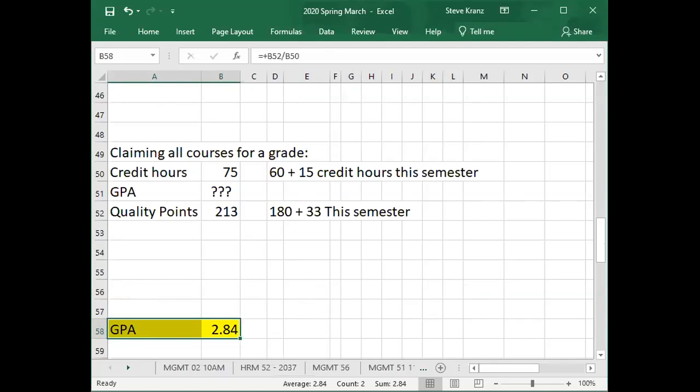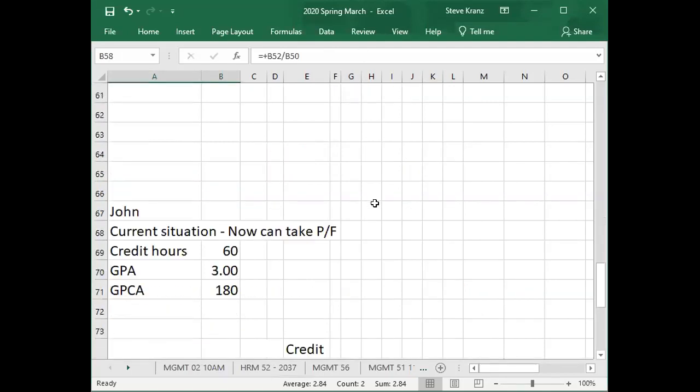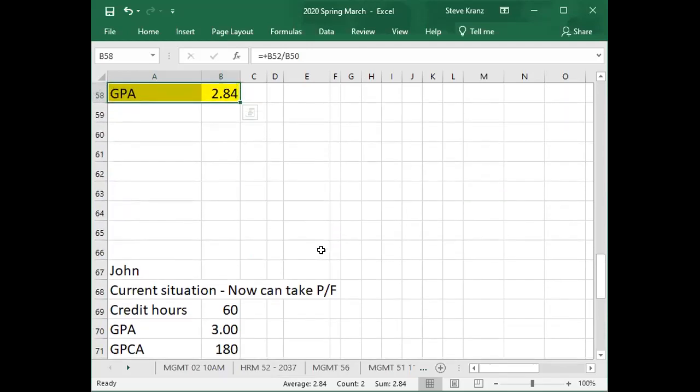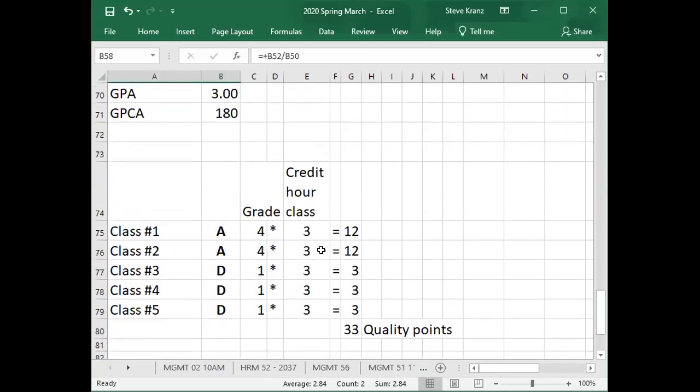But now the question is, what's going to happen to John in our current situation, because he's able to take classes pass-fail? So now, in the same situation, he has 2 A's and 3 D's. The question is, what would he want to do with these grades?